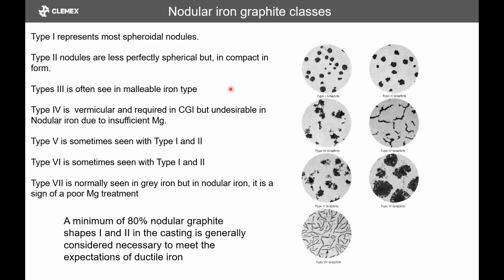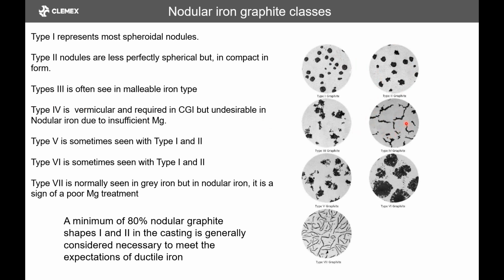Now these are the types of nodules that you could see. Normally what you see most is the 1 and 2. That's what we see mainly when the treatment is correct. Every now and then we get some of this, but it's more for malleable. This one here happens also, and as we saw, this is similar to the CGI. So when we get this in a nodular iron, that means that the treatment didn't work well enough.